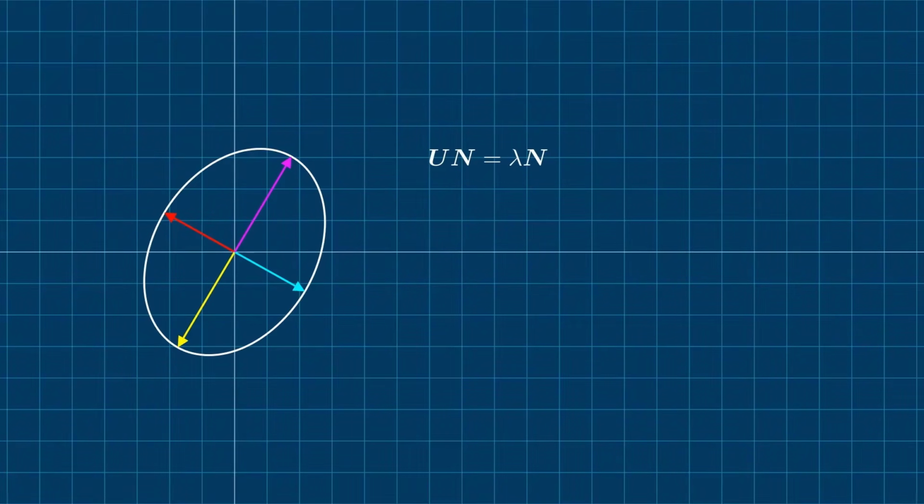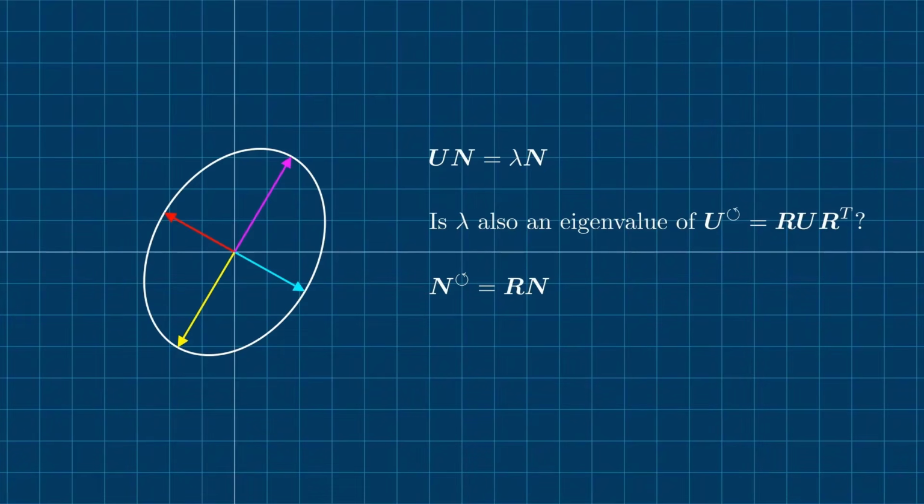Now the question is whether this eigenvalue lambda is also an eigenvalue of the rotated U, where R is the rotation matrix for an arbitrary angle alpha. To show that this is indeed the case, let's introduce a new vector n circular arrow defined as R times n. The rotated U times the new vector is equal to R U R transposed R n, which is equal to R U n, which we know is equal to R lambda n.